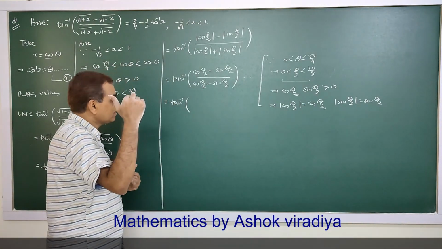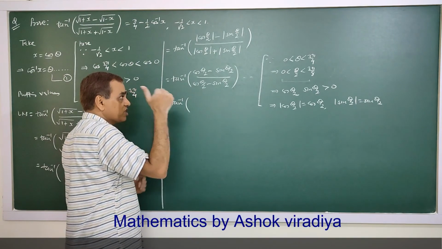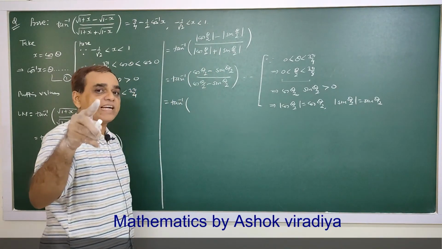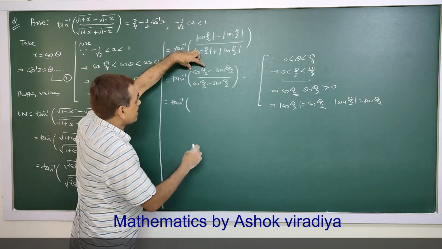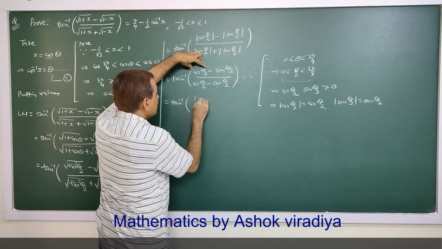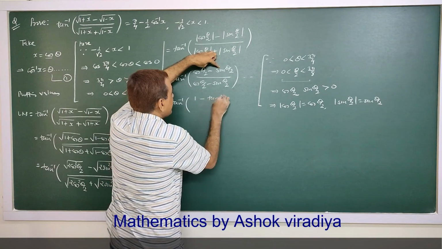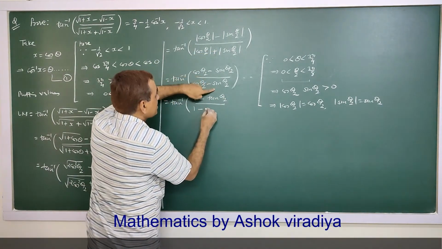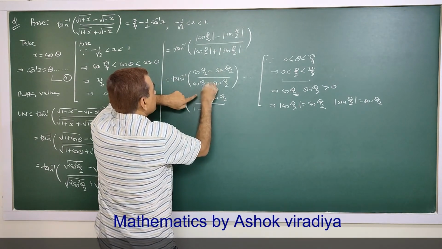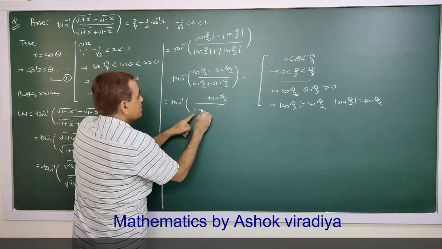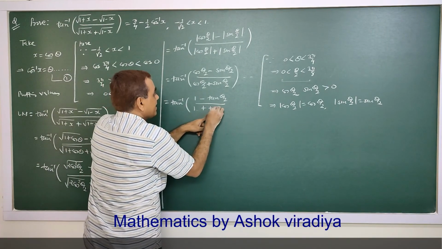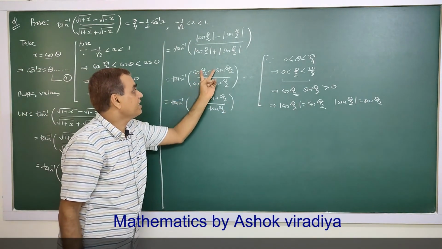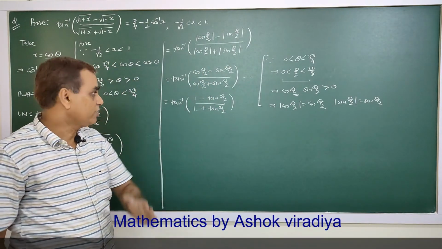As we have done in one question, we divide numerator and denominator by cosine. So divide by cos theta by 2, so it will be 1 minus tan theta by 2 upon, dividing this by cos, 1 plus, sorry, I made a mistake here, this is plus, so 1 plus tan theta by 2. Numerator and denominator are divided by cos theta by 2.